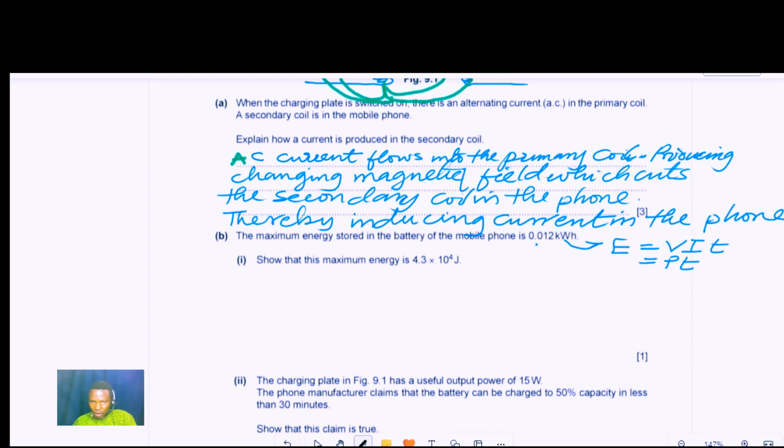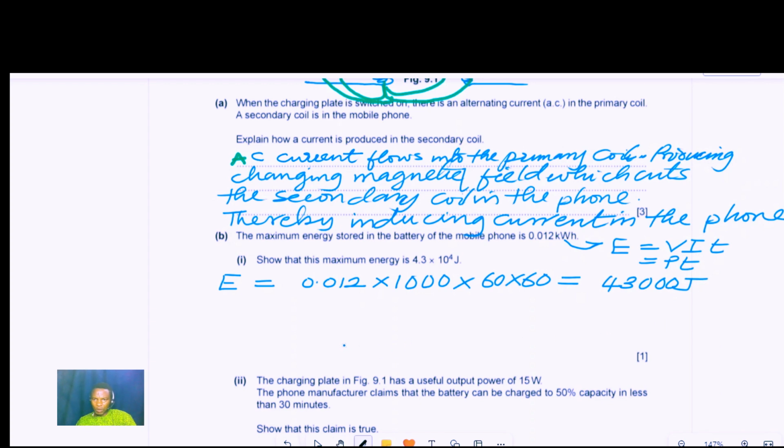So all we need to do is convert this to joules. The energy for full capacity is 0.012 times 1000 for kilowatts, then times 1 hour, 60 minutes, converted to seconds. This gives 43,000 joules.